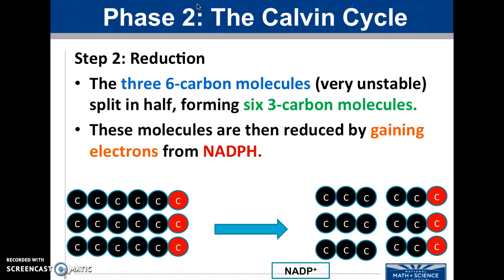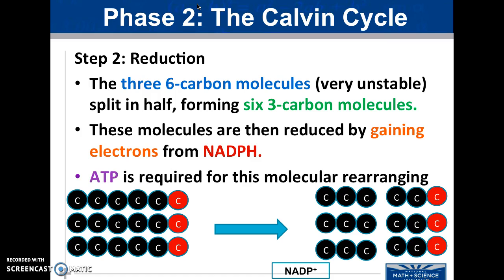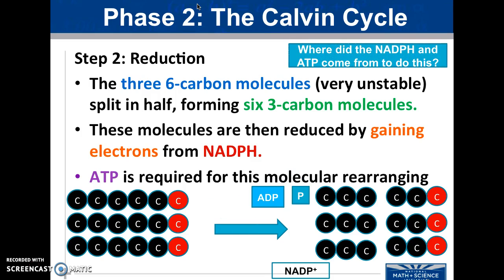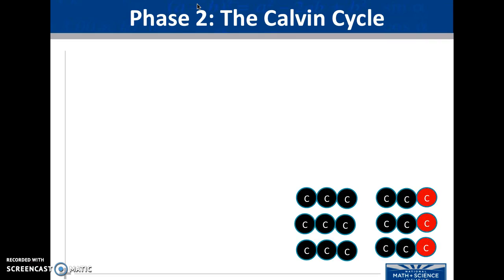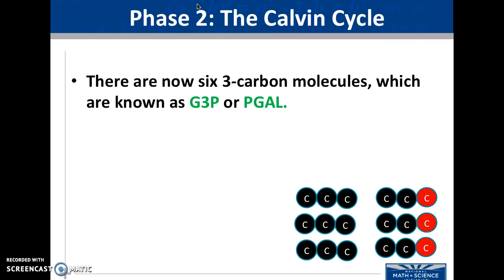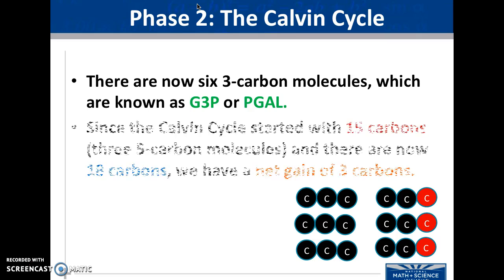It becomes NADP+. ATP is also required for this, and it loses a phosphate to create energy. So I now have 6 3-carbon molecules, and these are known as PGALs or G3Ps.